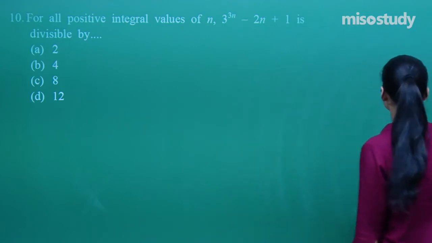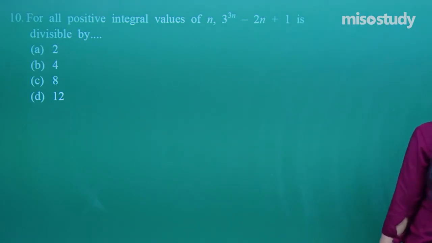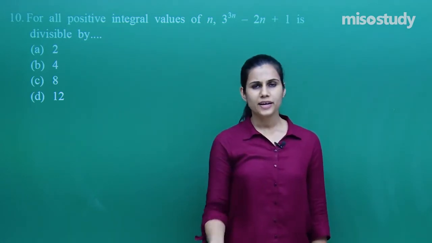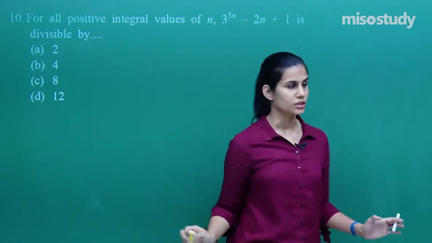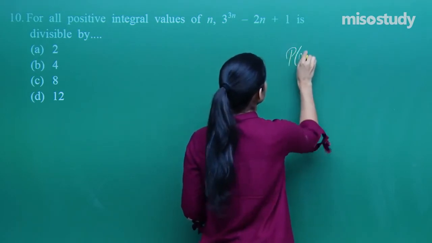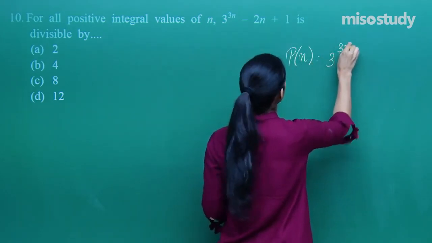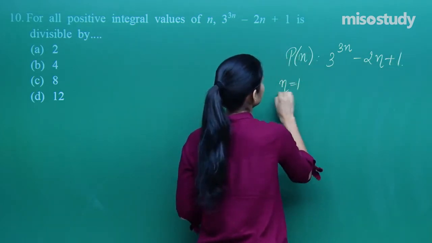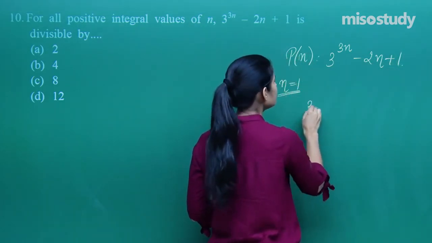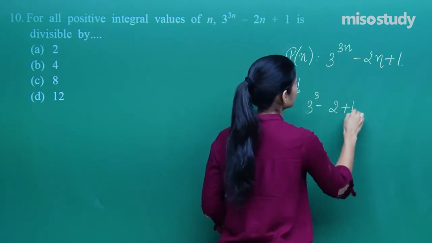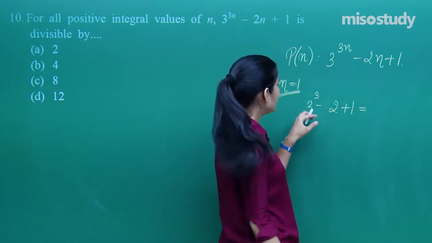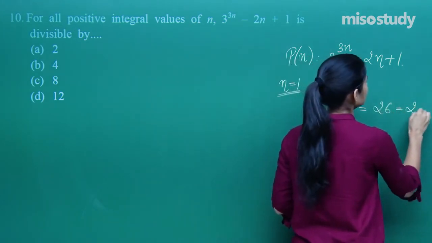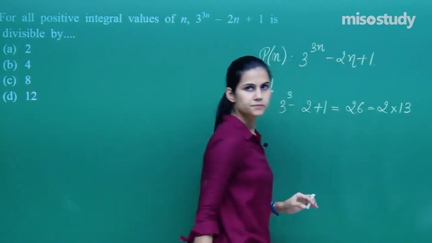Okay, let's see. If I have Pn given to me for different values of n, I have to see. And till the 1, 2, 3 stage, if I get a common number, I am going to take that solution. So here, Pn is given to be 3 to the power 3n minus 2n plus 1. For n equals 1, you get 3 to the power 3 minus 2 plus 1, which is 27 minus 2 is 25, 25 plus 1 is 26, which is 2 into 13.